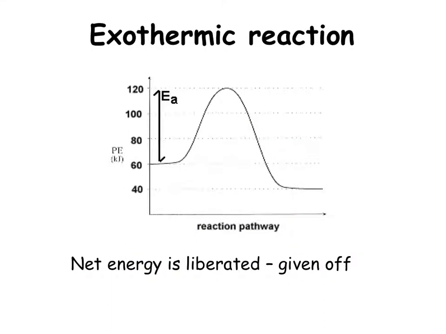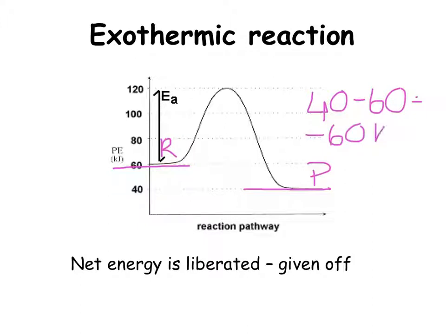This is another example of an exothermic reaction. So here I've got 60 for the reactants. Here I have got 40 for the products. 40 minus 60 equals negative 20 kilojoules.